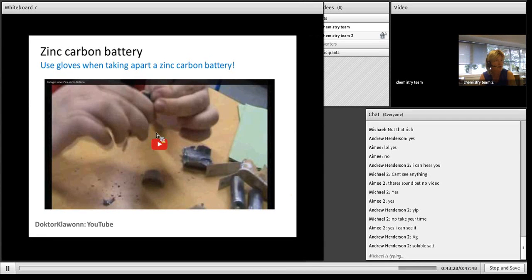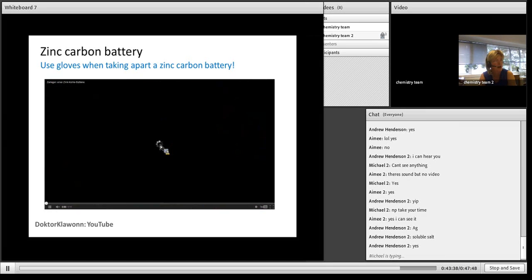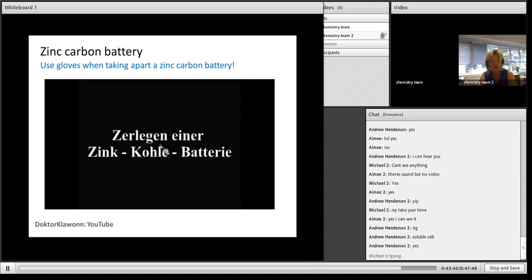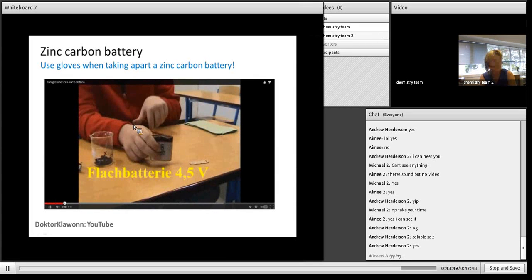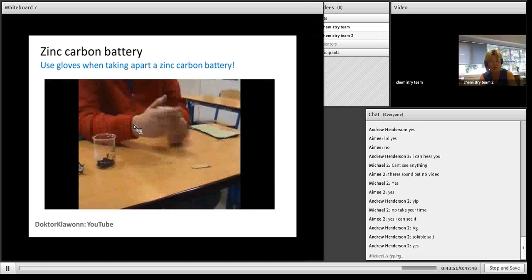Here is just for interest, because you might want to do it: has anybody ever taken apart a battery? Now, yes. So I suggest if you're going to try it, use the heavy-duty battery. Now it's German, but it's really a zinc carbon battery.